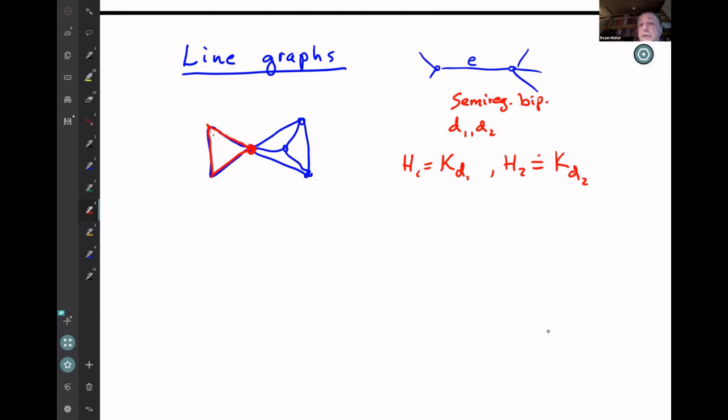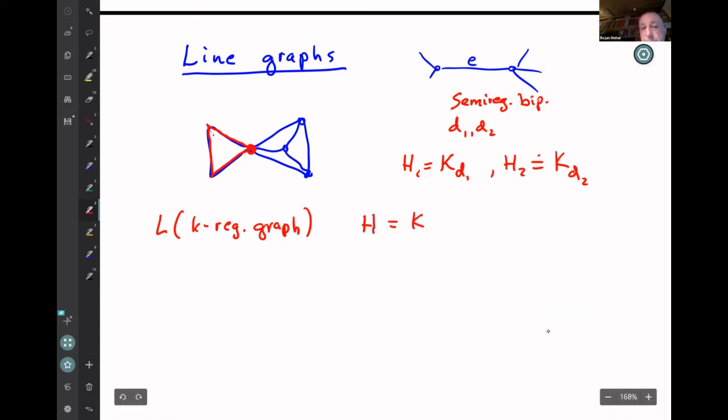If you have just a regular graph, not necessarily bipartite, then the line graph of a k-regular graph would have a fractional decomposition into copies of H, which is just a complete graph of size k.